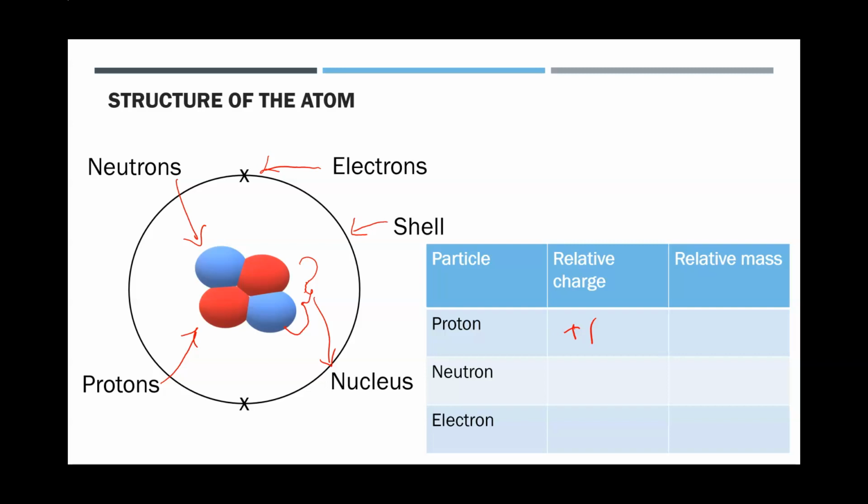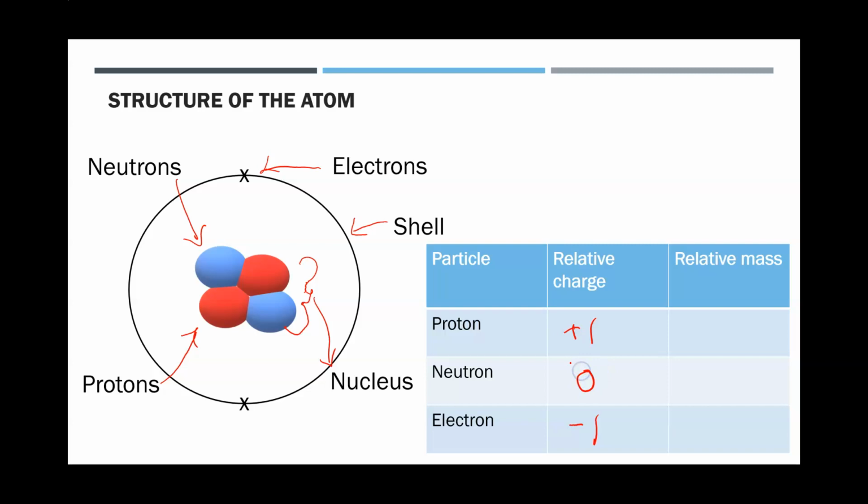An electron has the same amount of charge but the opposite. It's opposite to a positive proton, which is negative, so we'll give that a -1, because all we're trying to do here is give it a number value. Our neutrons are neutral, so we give them 0.